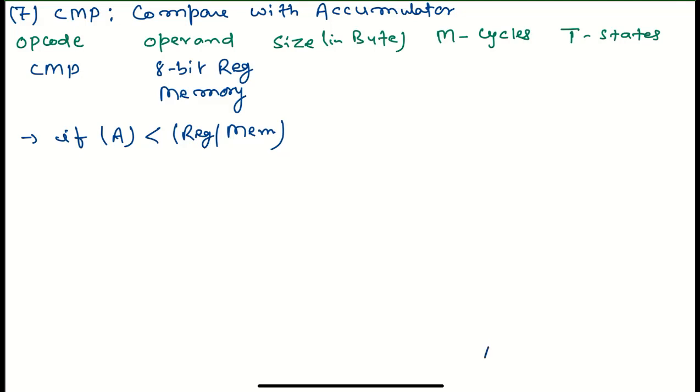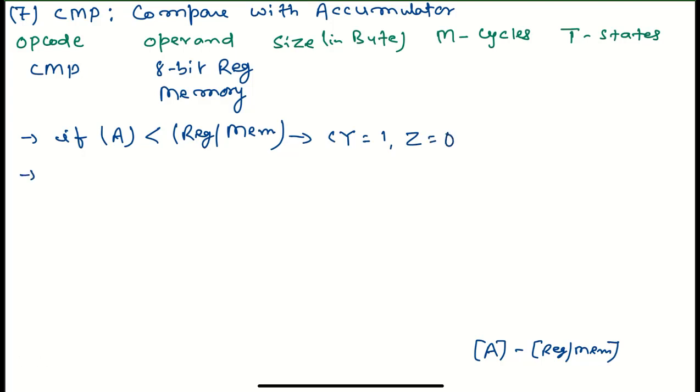From A, the register or memory content is subtracted, and as per the subtraction result it reflects over the zero and carry flags. If the accumulator content is lesser than the register or memory, the result will be negative, so the carry flag is set, and the result is non-zero, so the zero flag will be reset.